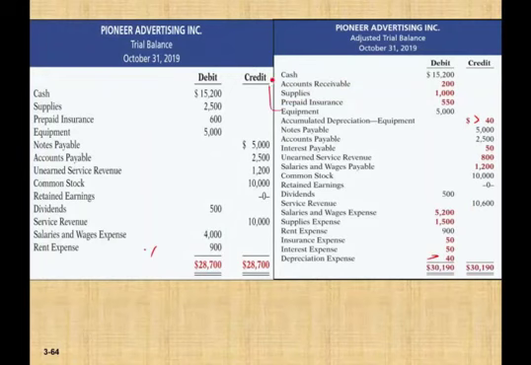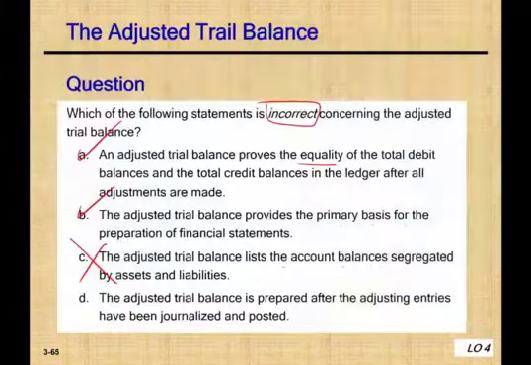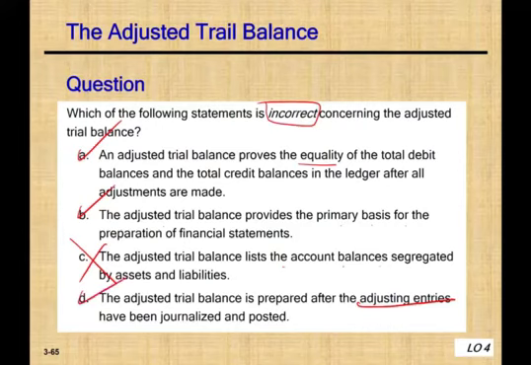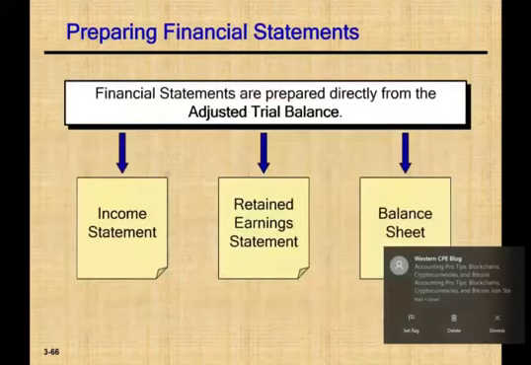Assets are listed first, liabilities next, common stock, retained earnings, dividends, revenues, then expenses. So it's the same format. It doesn't segregate anything. The adjusted trial balance is prepared after adjusting entries. Yes, after adjustments, of course. This is correct. So the correct answer is C, which is what we're looking for since the question asks for the incorrect statement.